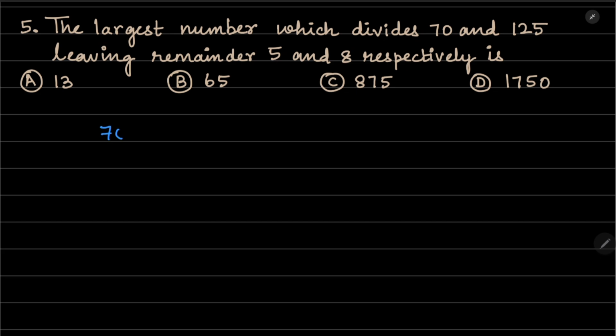So 70 minus 5 is your first number. 125 minus 8 is your second number, whose HCF you have to find as the largest number. 70 minus 5 is 65. 125 minus 8 is 117.